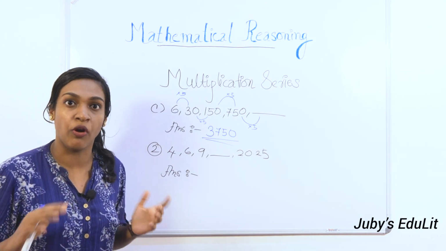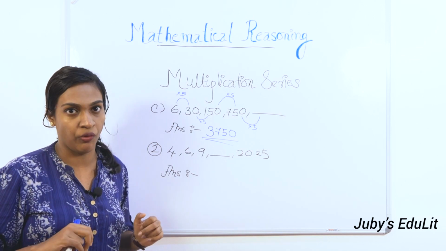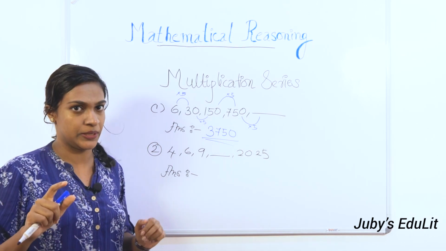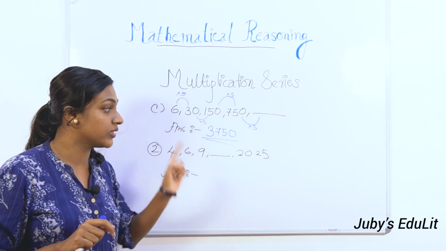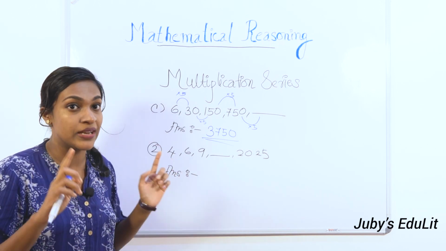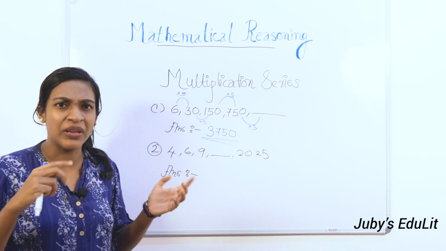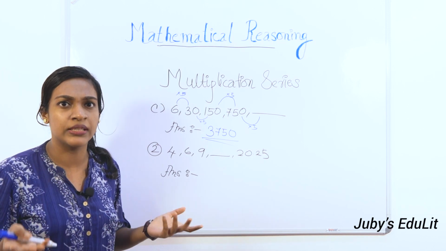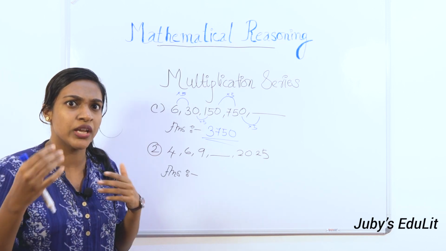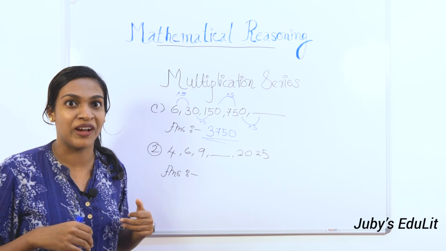Let's analyze the table of 4. 4 into 1 is 4 and 4 into 2 is 8. So the multiplier between 4 and 6 is between 1 and 2. What is a decimal between 1 and 2? You can go for 1.5, right?